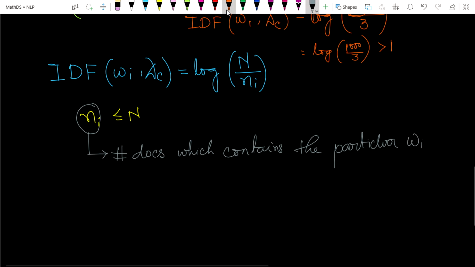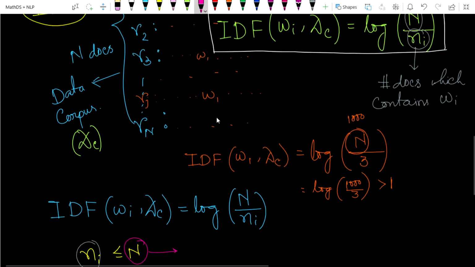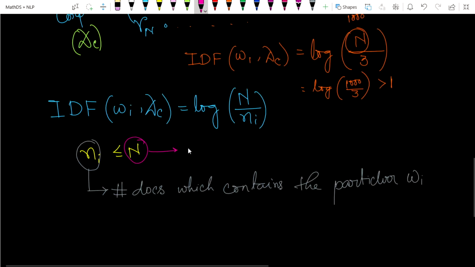And capital N means the number of documents that we have. So it is not possible for small ni to cross capital N. So small ni is always less than or equal to capital N.